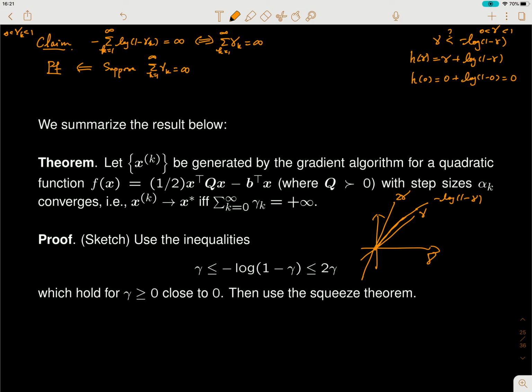On the other hand, h prime of gamma equals 1 plus the derivative of log of 1 minus gamma. If you use the chain rule, that will be 1 over 1 minus gamma, and then take the derivative of the 1 minus gamma inside the log, which gives us a negative 1.